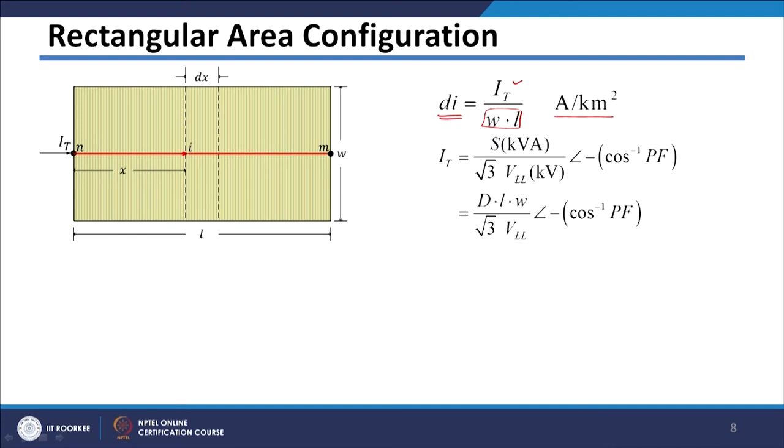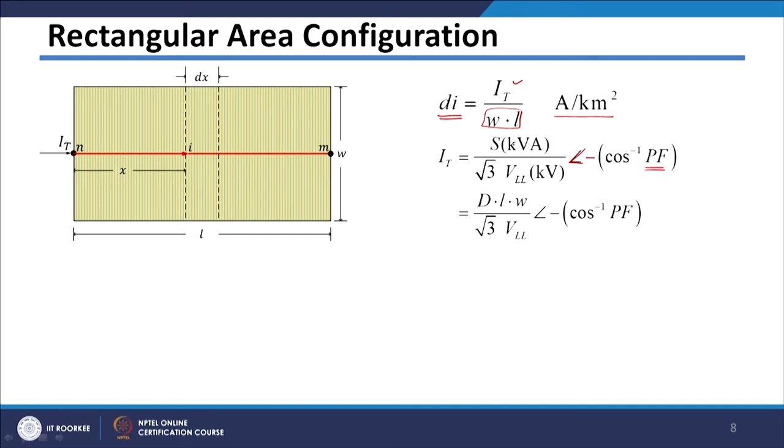So, the total load served is say S kVA divided by root 3 into V line to line in kV, and its angle will be minus cos inverse of the power factor, which is the average power factor in the distribution area.